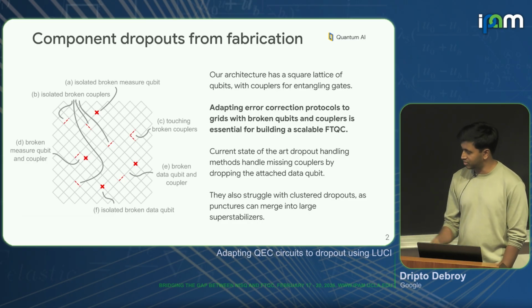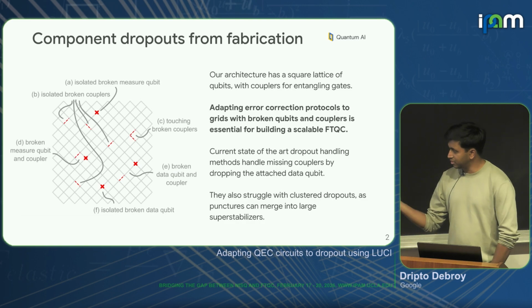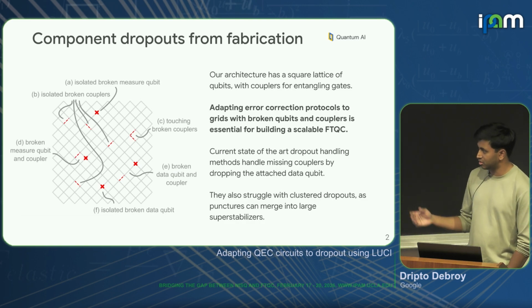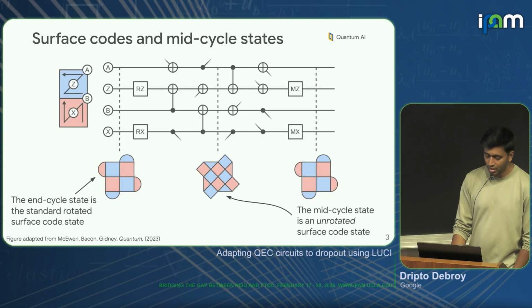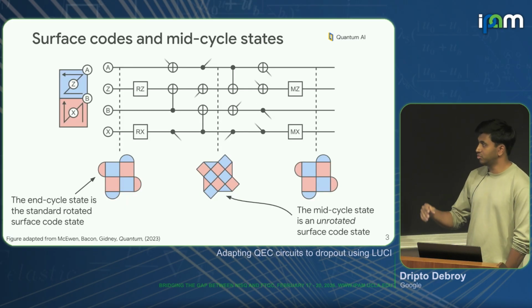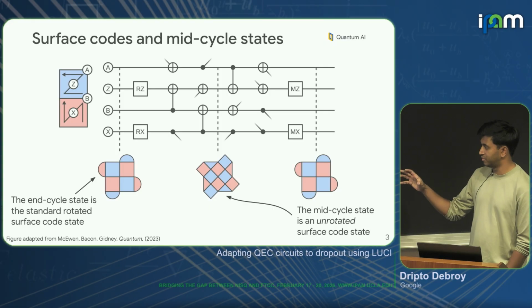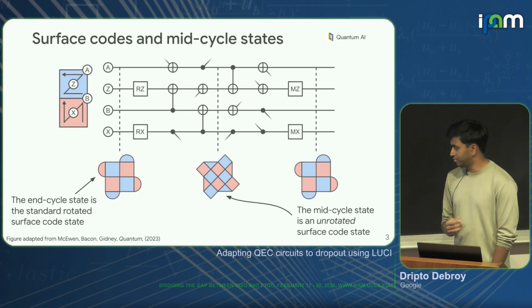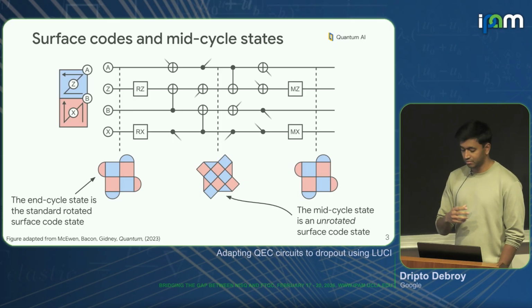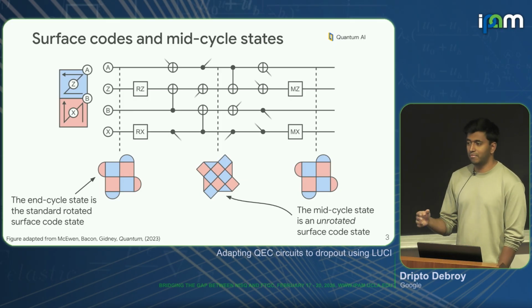And then on the left here, I have just an example of a few unique cases: broken data qubits, broken measure qubits, different orientations, and so on. And so to do this, I'm going to go through first a little bit of background. I'll then explain this method called LUCI that we developed a few years ago that handles this problem. And then what I'm hoping to do is get to a few interesting improvements at the end.